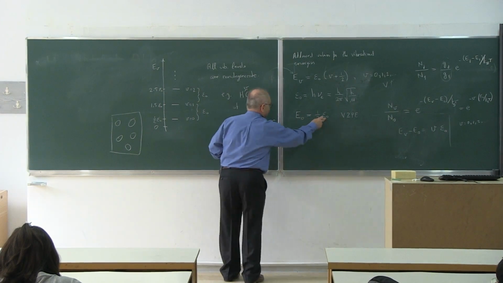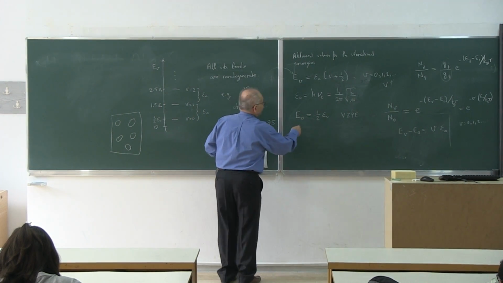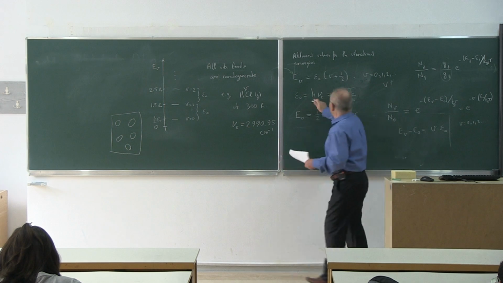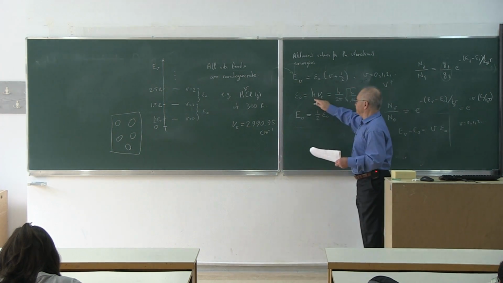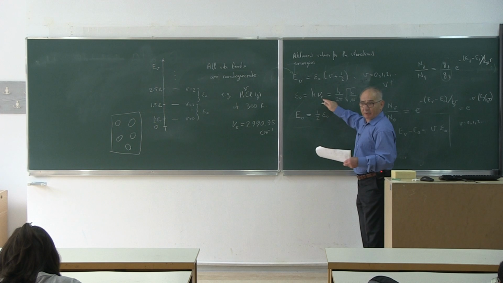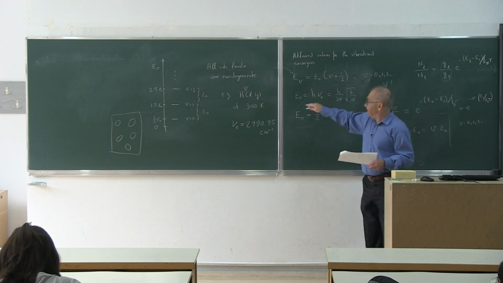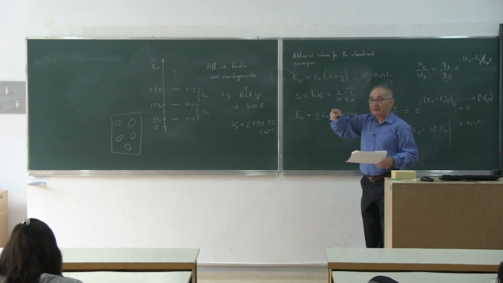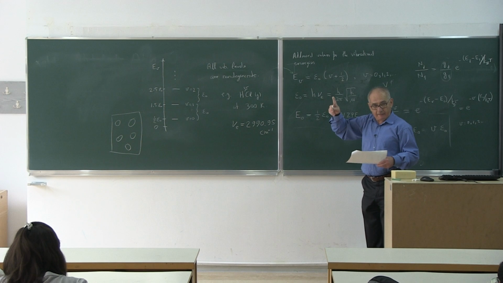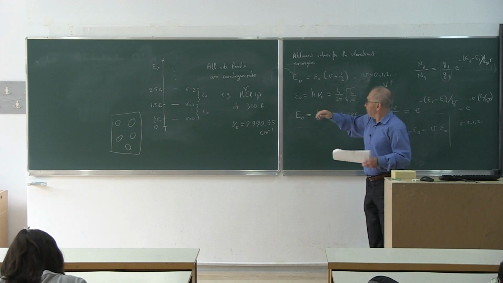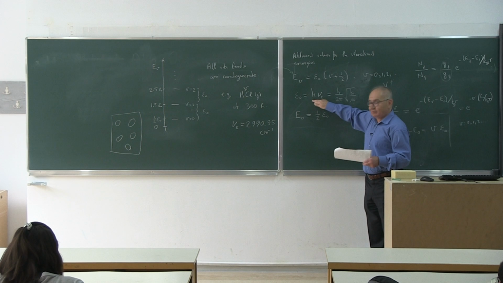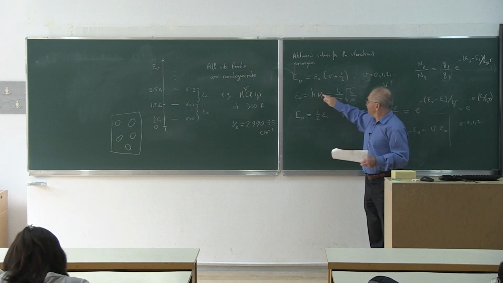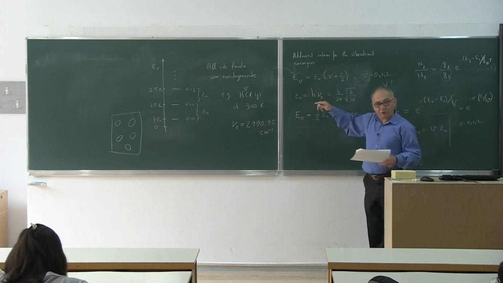I want to calculate hν_0. By definition, it is h times the frequency. But this expression is assuming SI units. All right? So in order to use this expression, you must express the frequency in which unit?